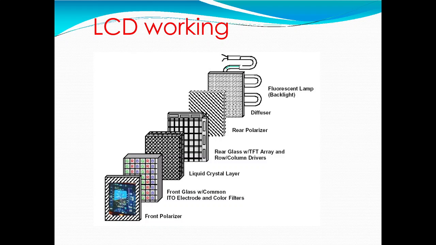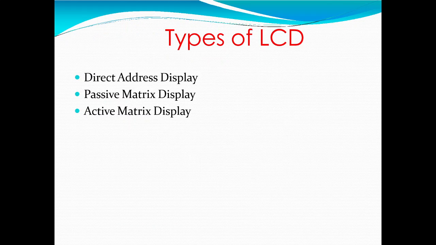When it is switched on, it rotates the light passing through it by 90 degrees, so effectively not allowing light to flow through the two polarizing filters and making this pixel look dark. Each pixel is controlled by a separate transistor that can be switched on and off many times each second. So in this way this LCD works.